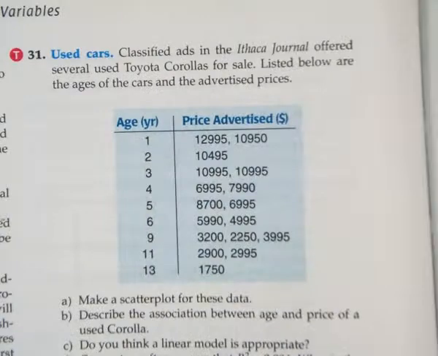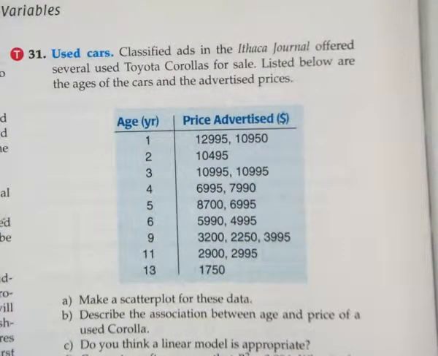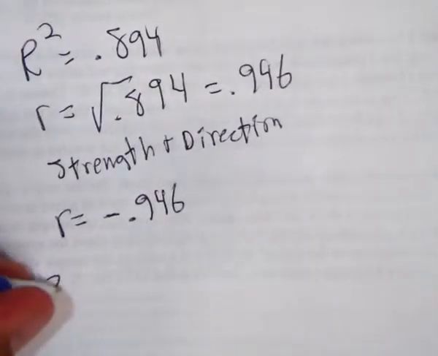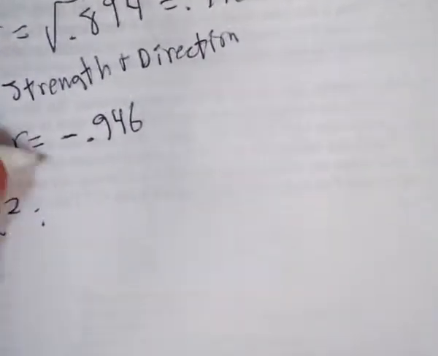And then the next question says, explain the meaning of r squared in context. Well, r squared is all about variation.